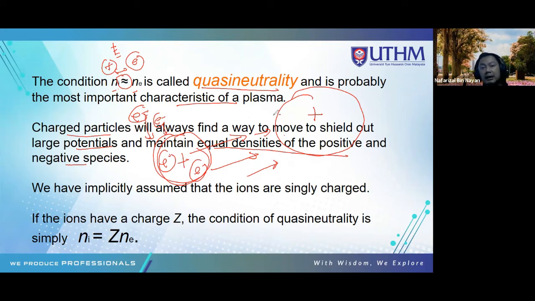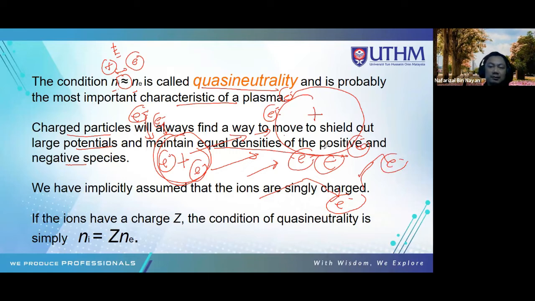Until a certain time, all of it is covered already. Another electron will come, and it will repel away, because we have the electrons inside here already.